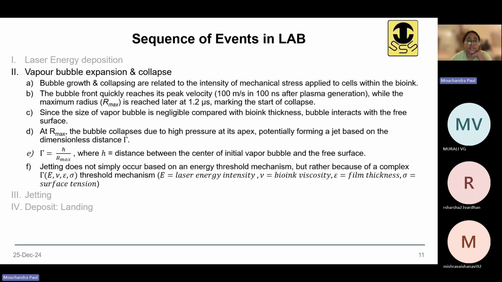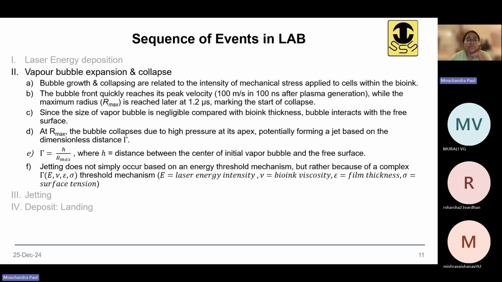Like within nanoseconds, the bubble can reach its peak size, and sorry, it can reach its peak size in 1.2 microseconds. This peak size is called R max. After this size is reached, the bubble will collapse.